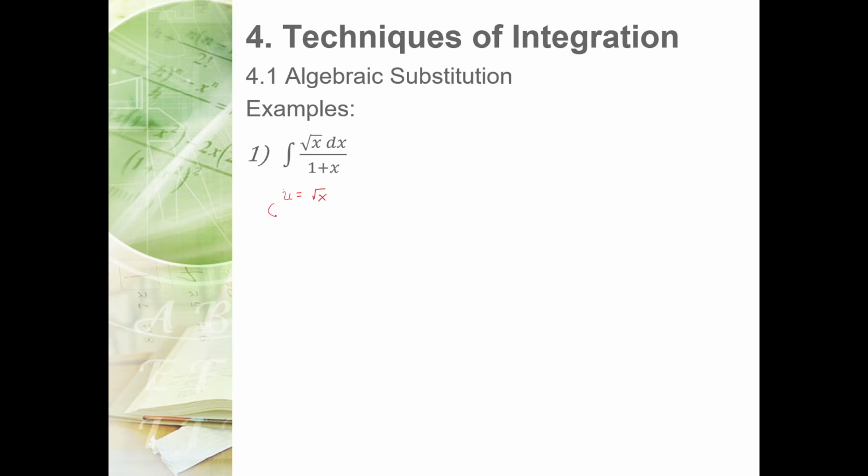If we try to get the du, notice that the derivative of square root of x is 1/2 x to the power of negative 1/2 dx.